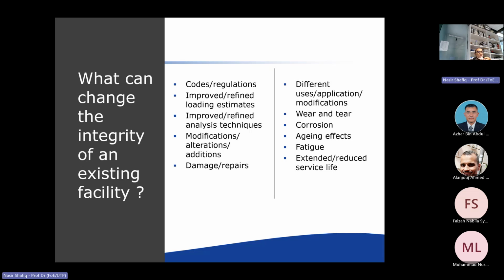Improved refined loading estimate. So how accurately you can estimate the loading? If it is a poor estimate, that will decrease the integrity. Accurate estimation of load can give you better integrity.